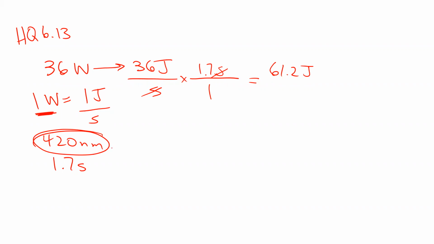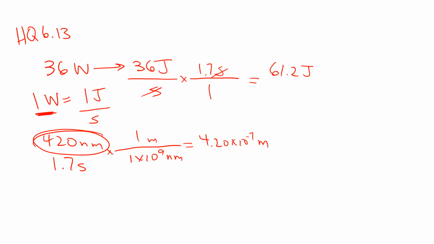So 420 nanometers: for every billion nanometers, I have 1 meter. So 4.2 times 10 to the minus 7 meters is our wavelength.